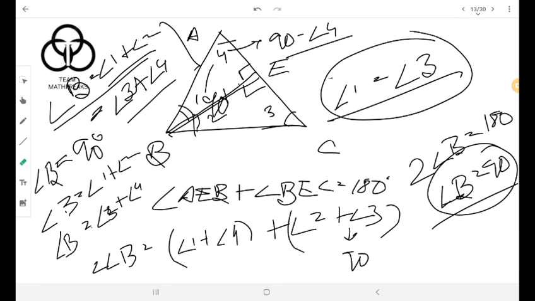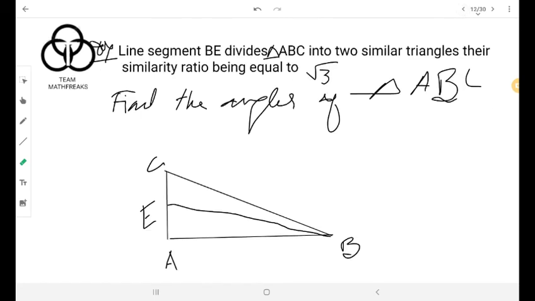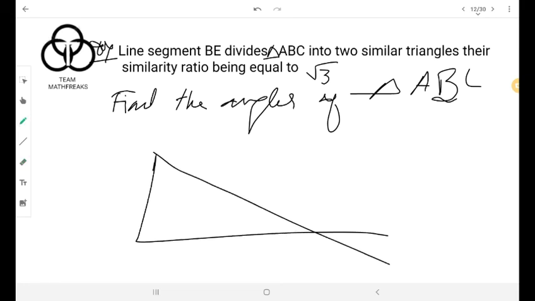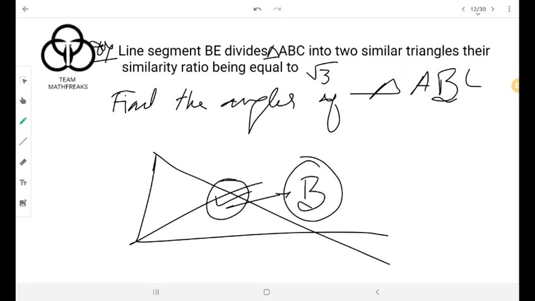And the most important point in this question was this BE. Whenever we are given this kind of situation, that a line is breaking it into similar triangles, it is obvious that we have to consider this to be 90 degrees. This E point.